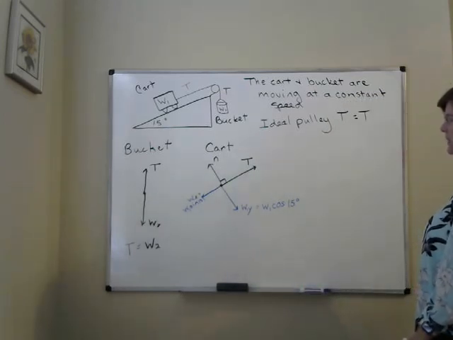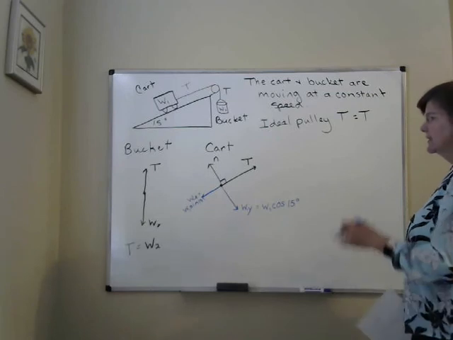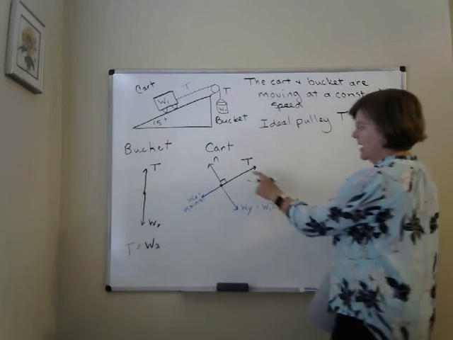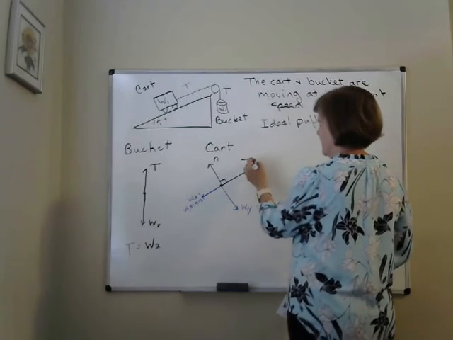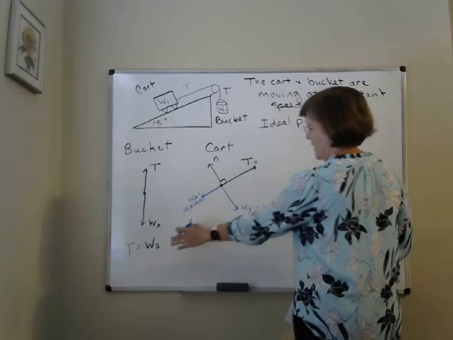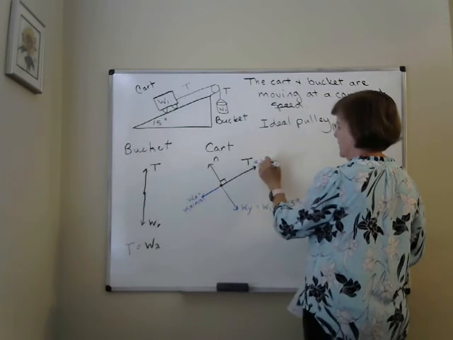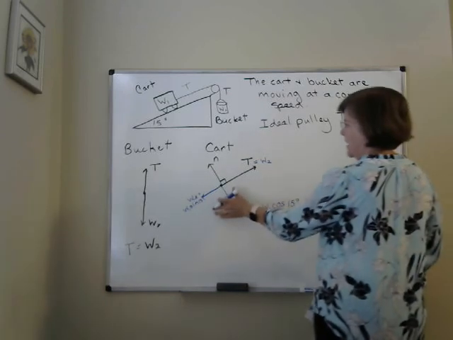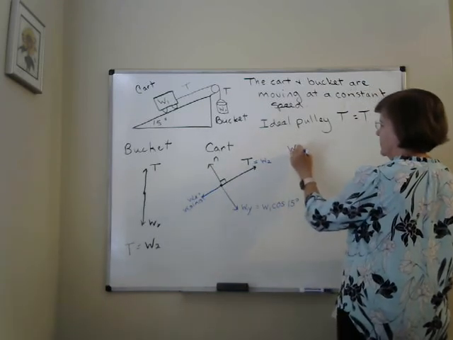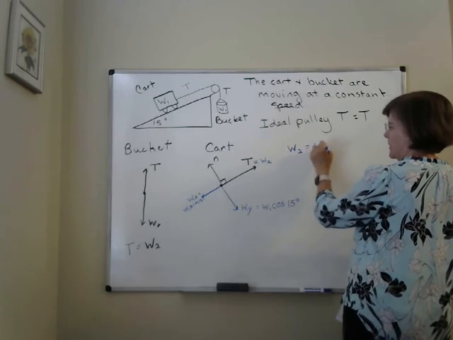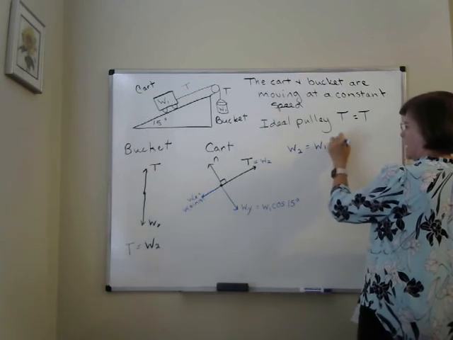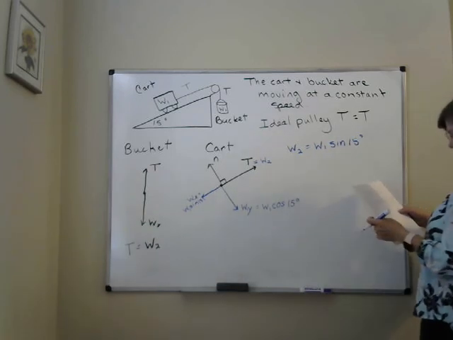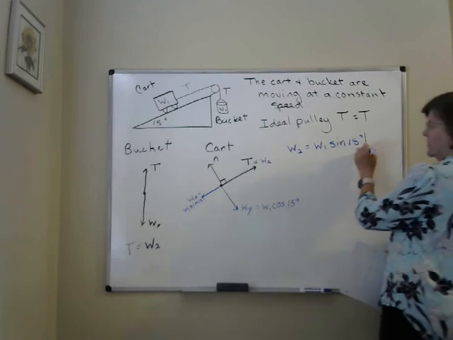And I'm trying to get a relationship between W1 and W2, and I think I see it right here. I know that the tension, rather, is equal to W2. So if I want a relationship between them, I know that W2 equals W1 sine 15 degrees. That is a relationship. That's really all I have to do to answer the question.